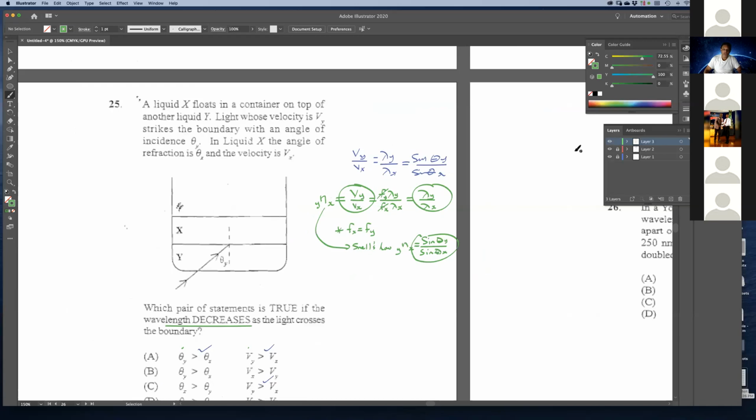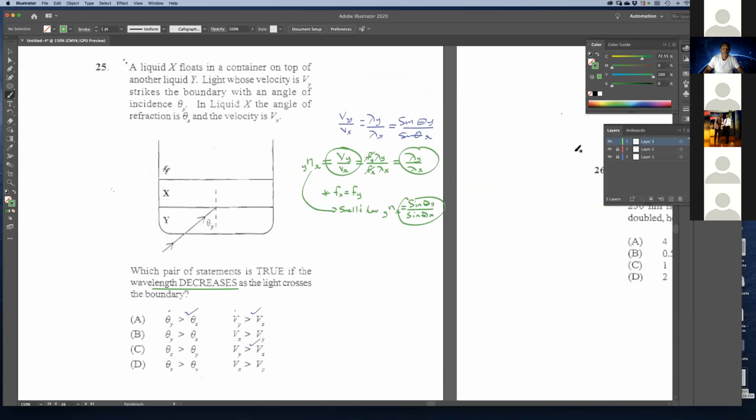Now, once we know this identity, and they're telling us that the wavelength decreases in going from y to x, they're telling us that lambda y is greater than lambda x. The wavelength decreases going from y to x.